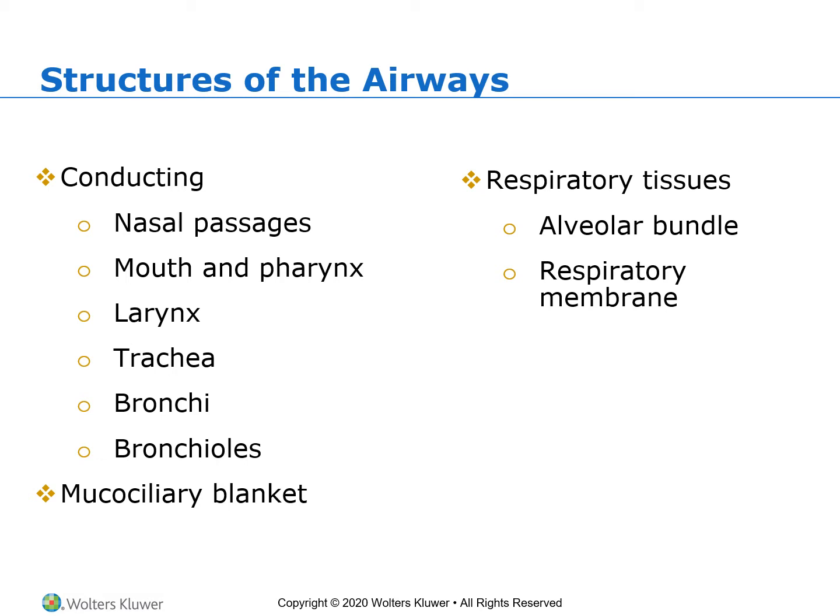These sacs of alveoli are surrounded by interstitial space, and at the boundary between those alveolar sacs and the microvessels, that's where diffusion happens, where oxygen carried by the hemoglobin comes in.